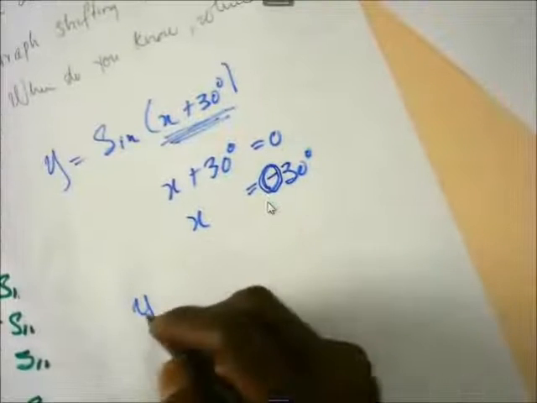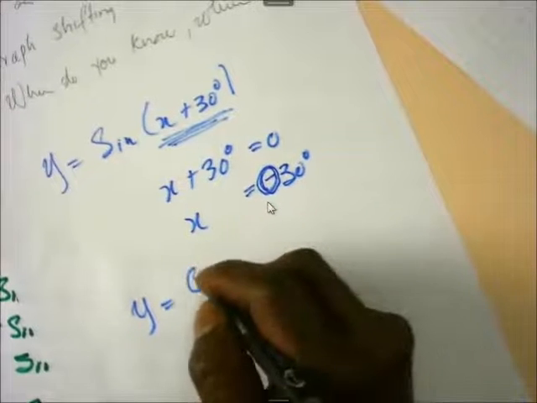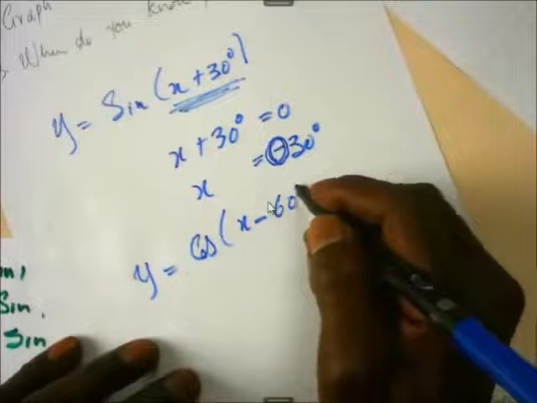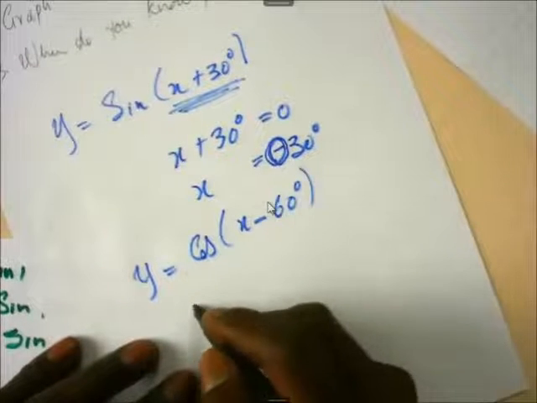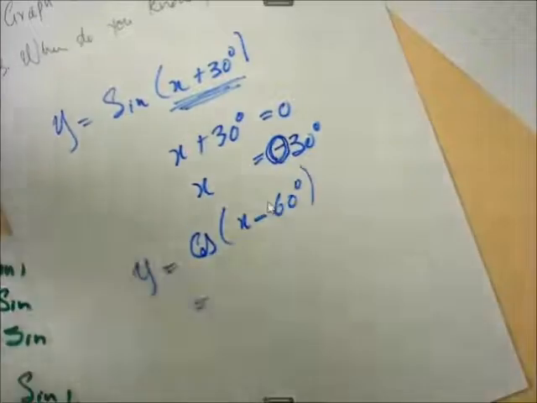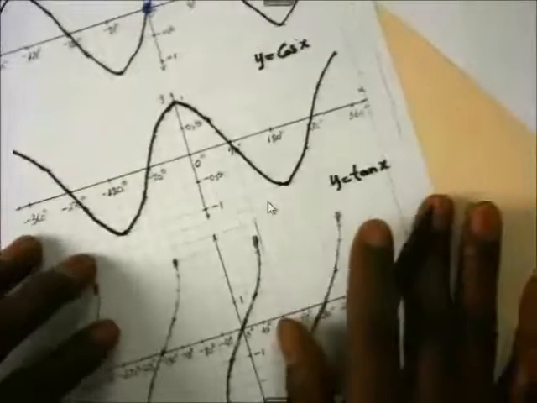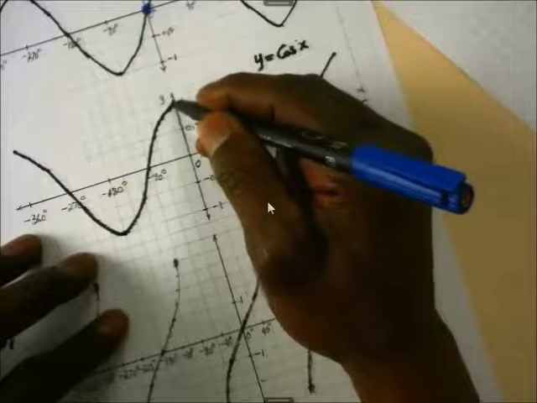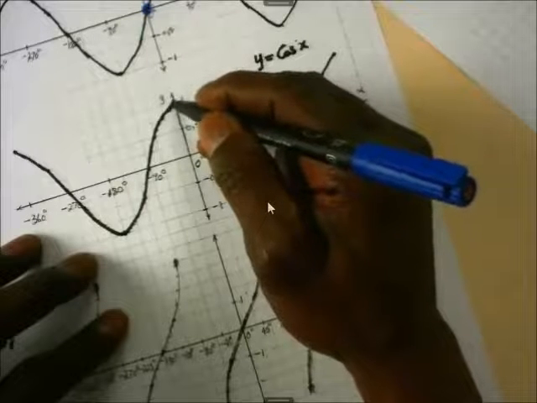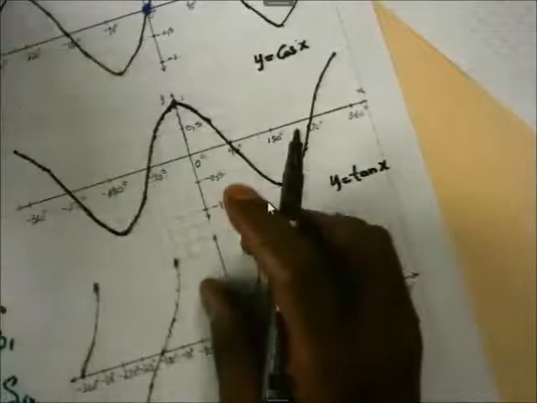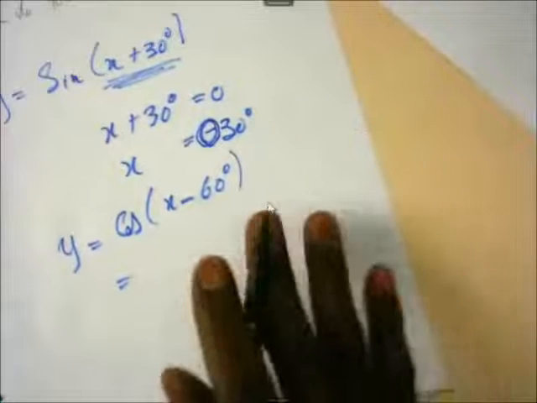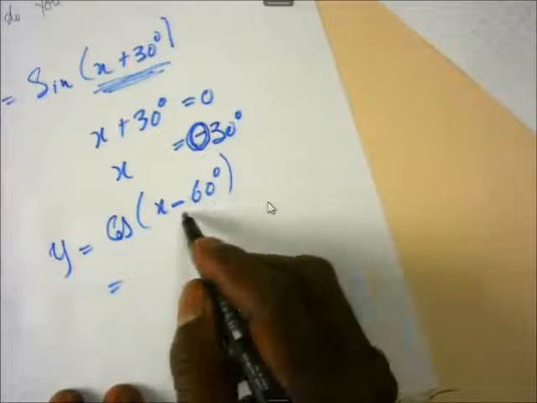Suppose we are having y equal to cosine of (x minus 60 degrees). We want to draw that graph. When we draw that graph, we look at our mother function, the graph of cosine. We are actually tracing this point, 0 degrees is to 1. What will happen to that point? We'll say, when will this bracket be 0?